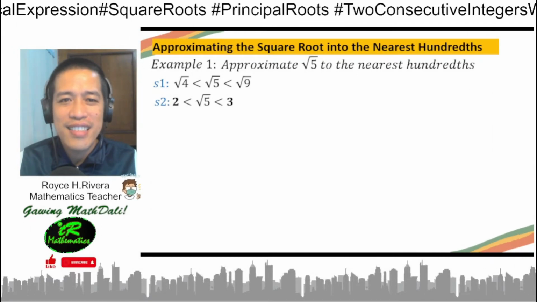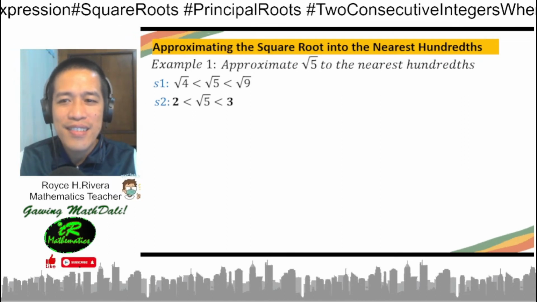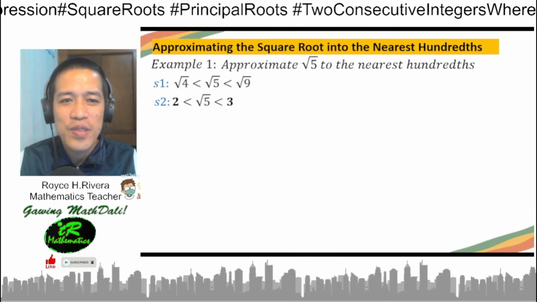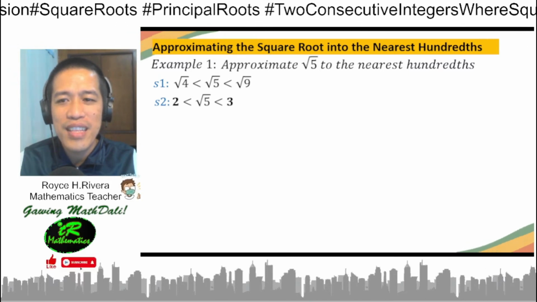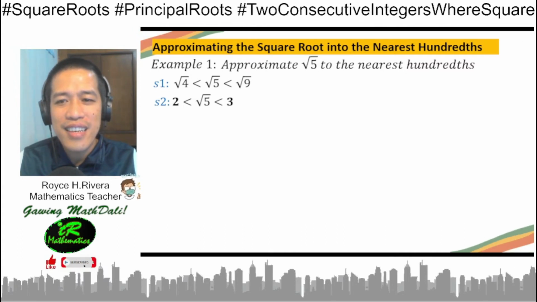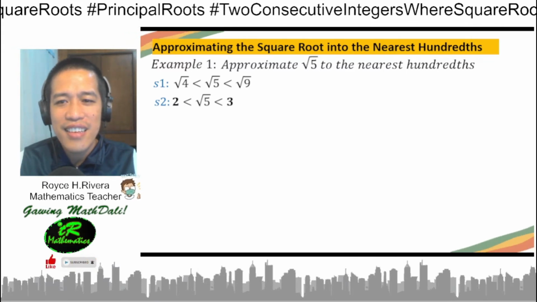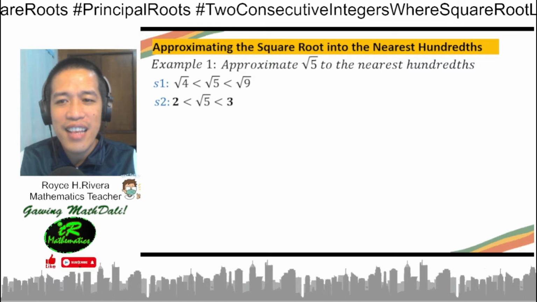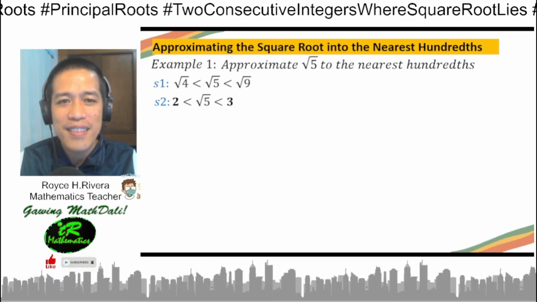Diretso na tayo sa step number 3. So based on the extracted roots, we will list at least 5 estimated values to the nearest tenths. Then we will square each estimated value written as radicand. Then we will get the radicands where the given radicand lies in between.